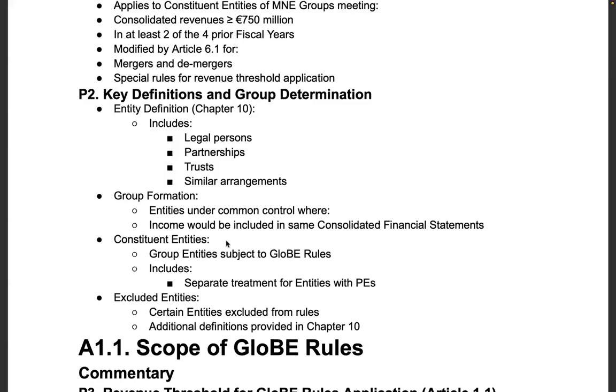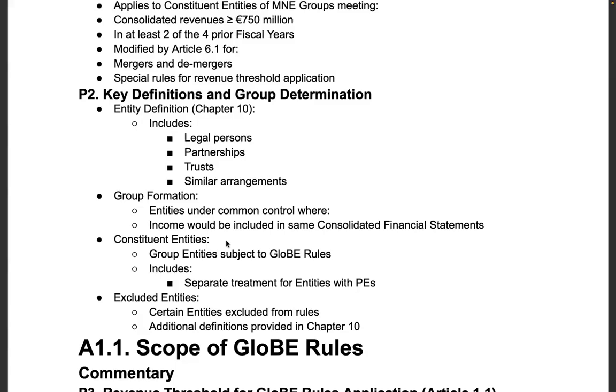All of them have been converged and collated in chapter 10. So we are going to go through chapter 10 as well, and we can always refer to it for specific definitions and expressions that have been defined there.